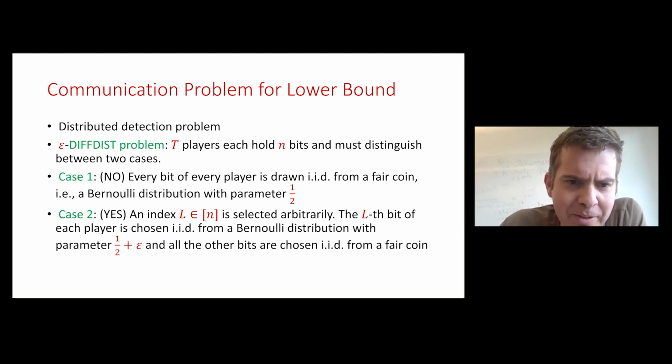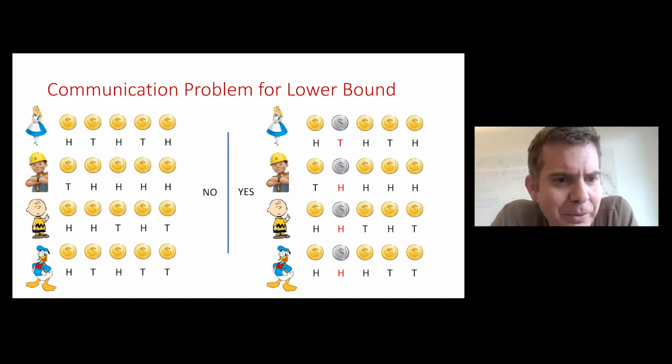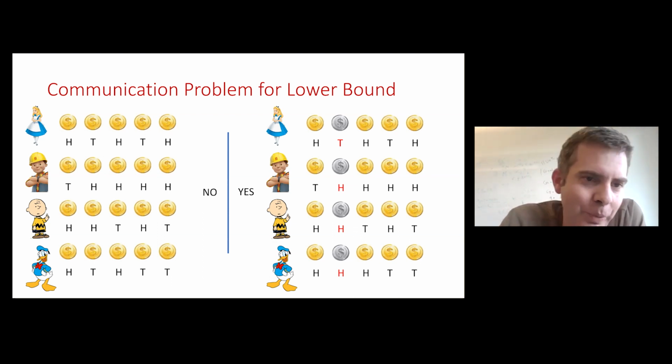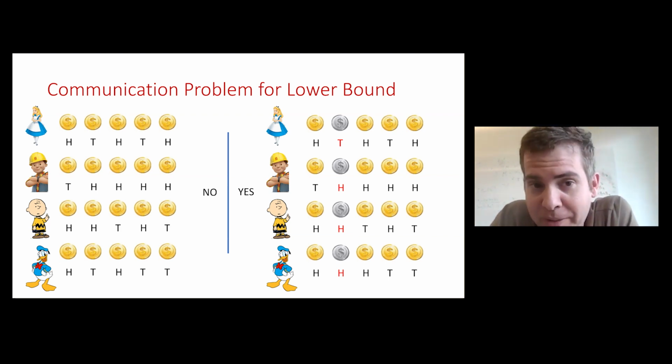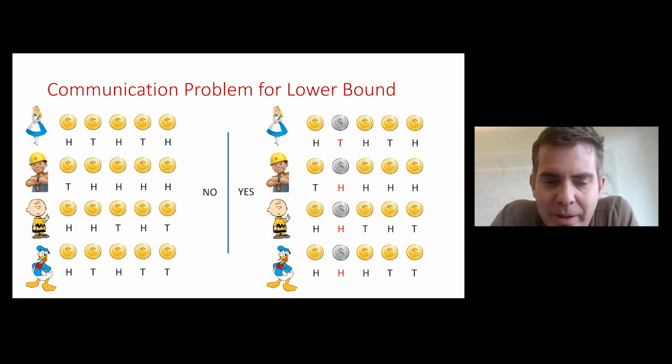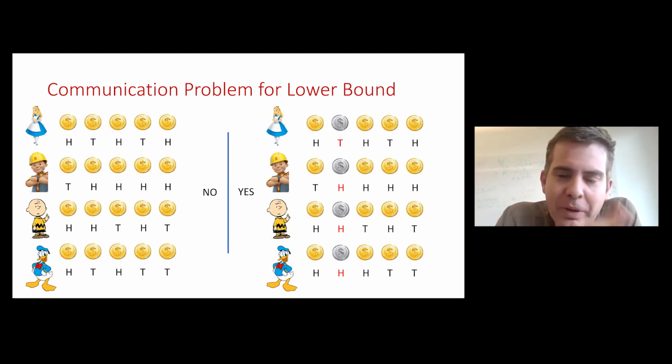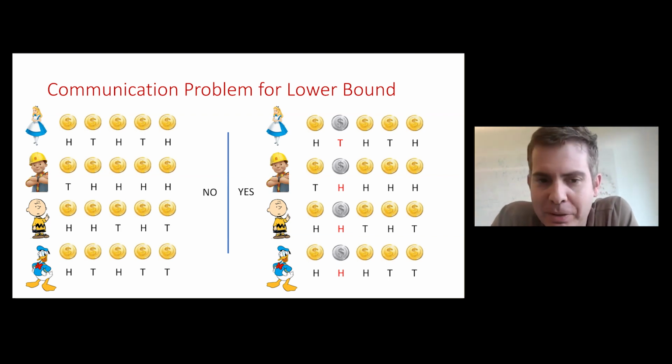Let me just draw the picture here. On the left of this middle divide is a no instance. We have 4 players because we have 4 days, and we have 5 experts, a coin for each day. These are just totally random coin flips, independent across all of them.